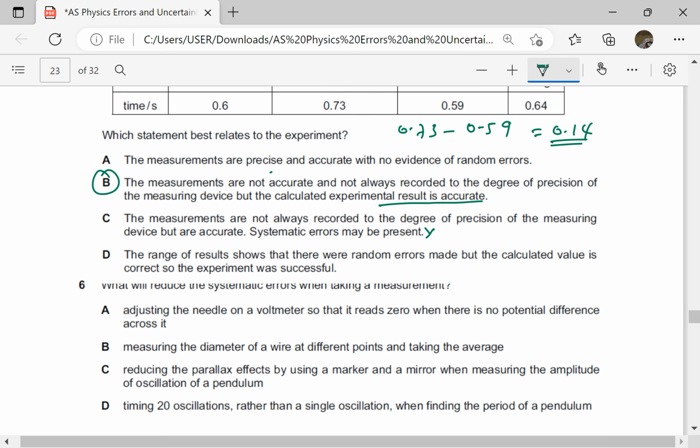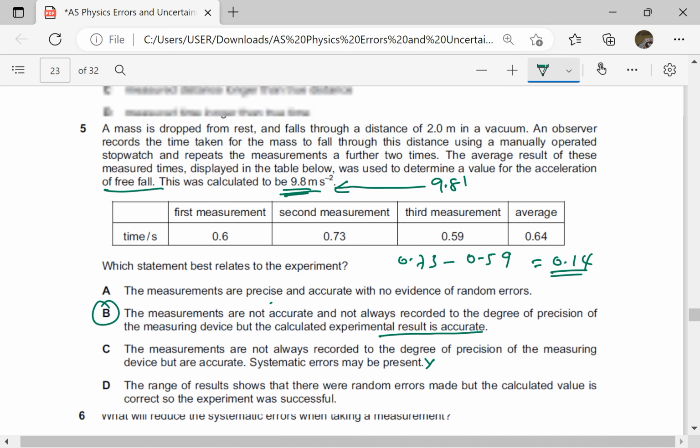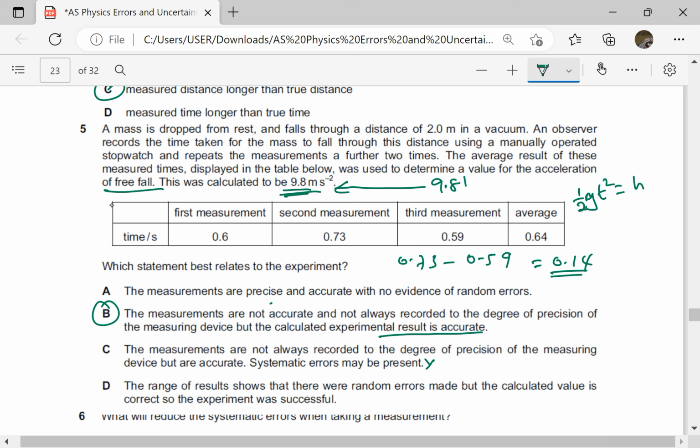The measurements are not accurate and not always recorded to the degree of precision of the measuring device, but the calculated experimental result is accurate. How do you see that the measurements are not accurate? You can verify and see if half g t squared is equal to h, and h is 2 meters.